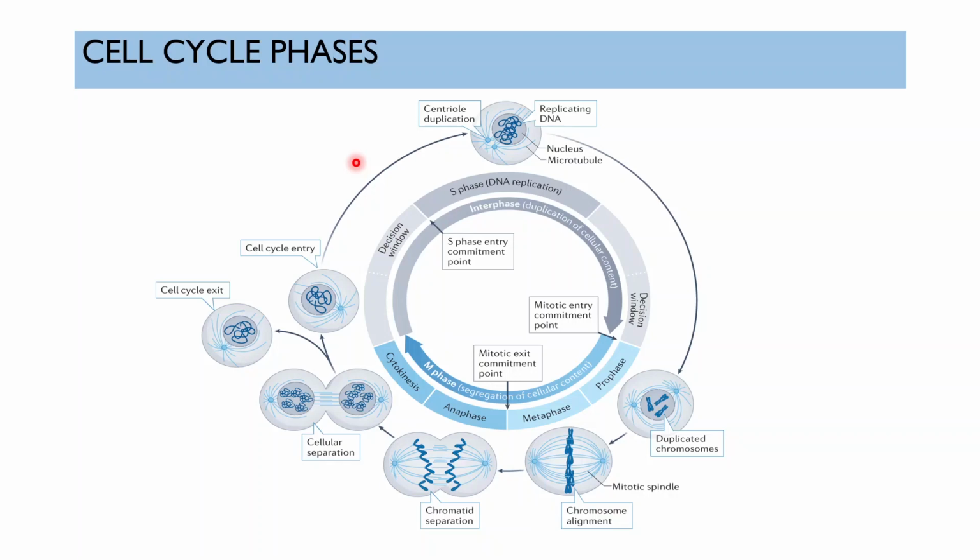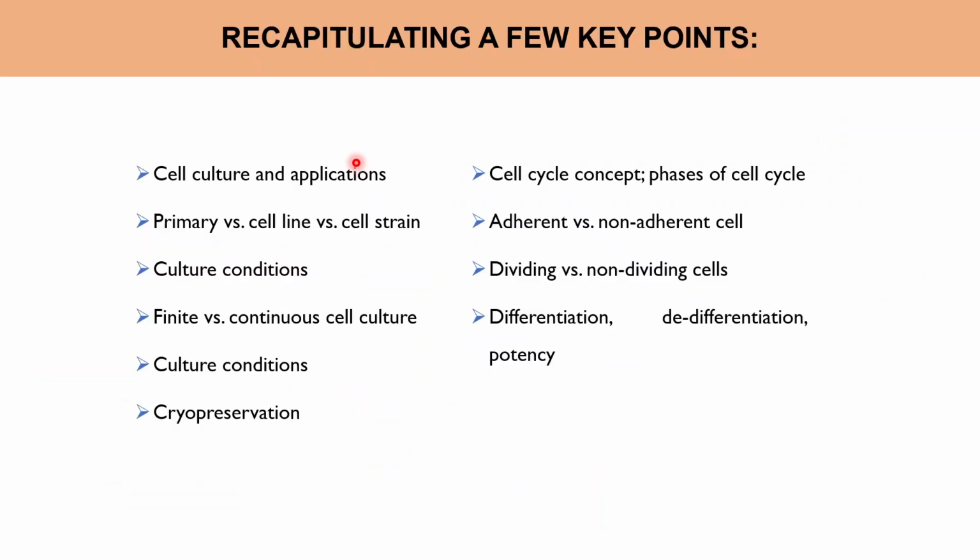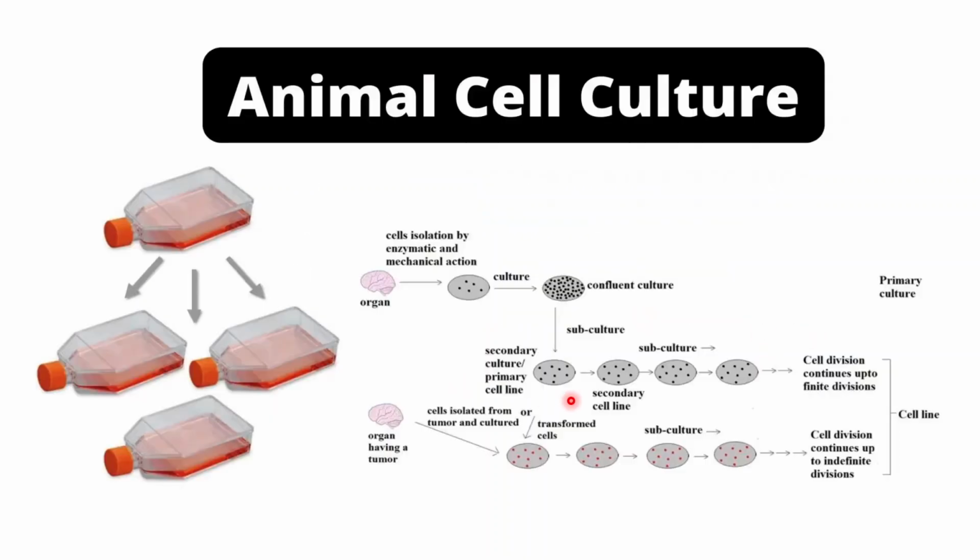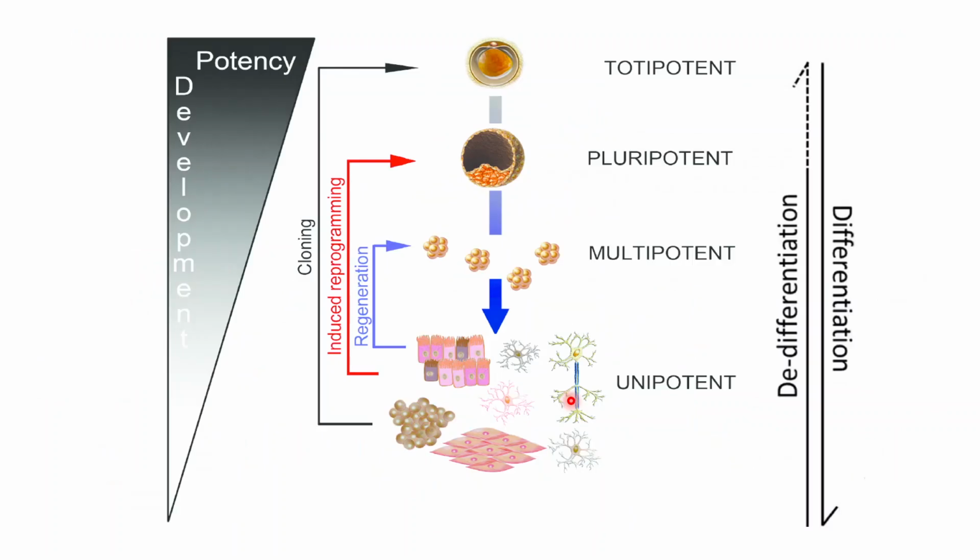So before discussing this, we also need to understand that when does a cell decide to divide and when does it decide to not divide. So here we introduced you to a few other terms, that is differentiation, de-differentiation and potency. So differentiation is basically the acquisition of more specialized characters of a progenitor cell.